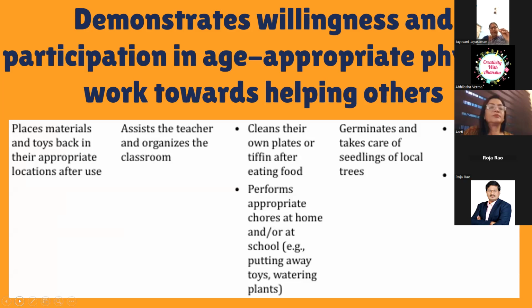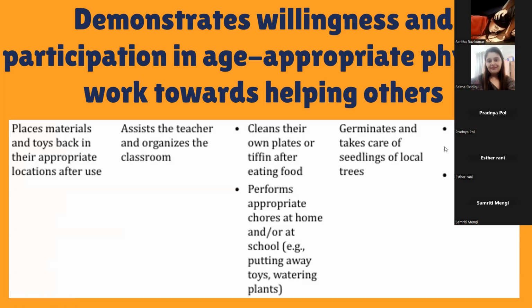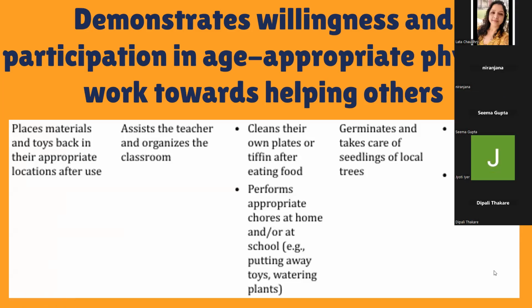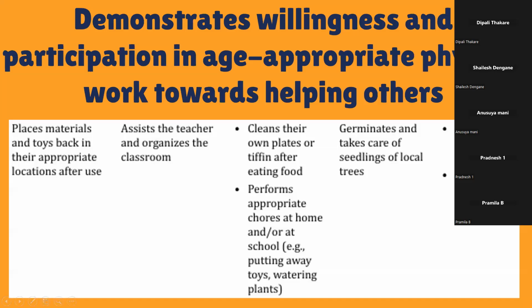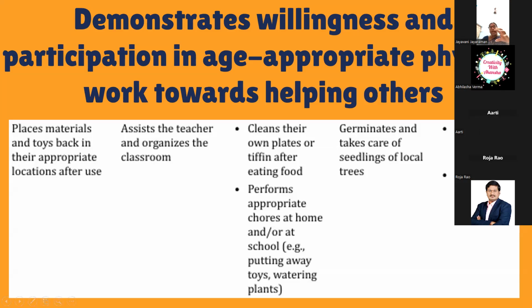For example, if they take a toy from a place, they'll go and keep it in the same place where they found it, and they'll assist in some of the work to organize the classroom. And sometimes the children will definitely clean their own plates and tiffin boxes and place them in order in the classroom. All these things come under appropriate physical work towards helping others.